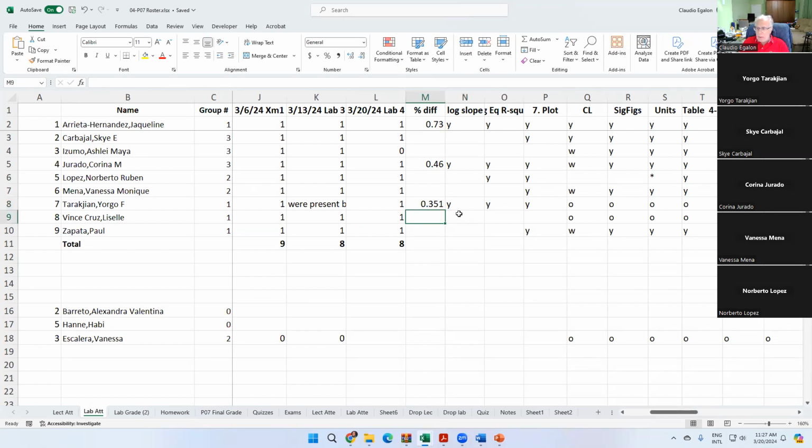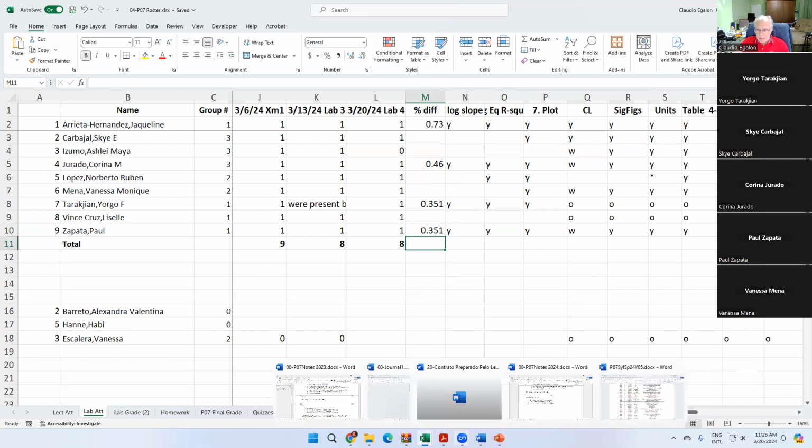Now let's see who else. Now, let's get Paul Zapata. Did you get the regression equation, Paul, and the R square? Yes, I did. Okay. Did you log the slope as well in the last table? I believe I did. The percent difference I got was, I think, the same as your goal. Yeah, you're supposed to get the same value as this.